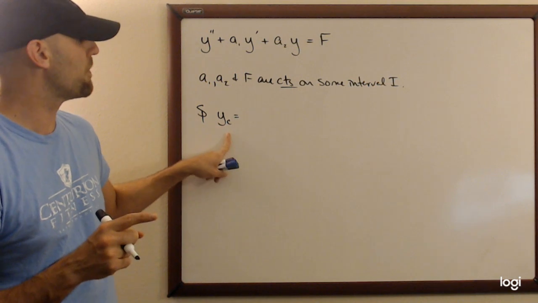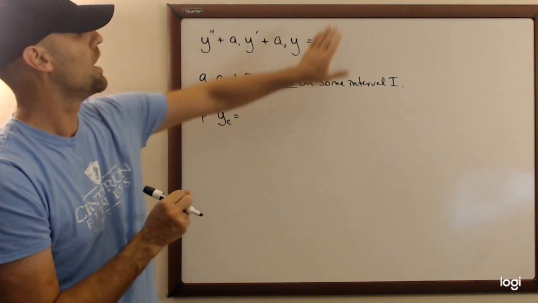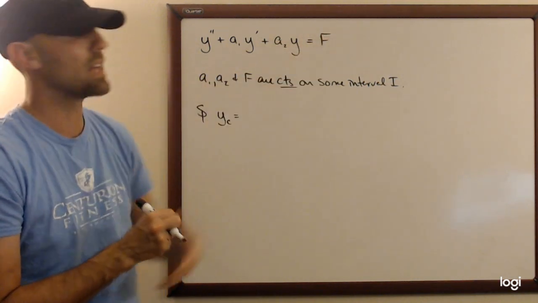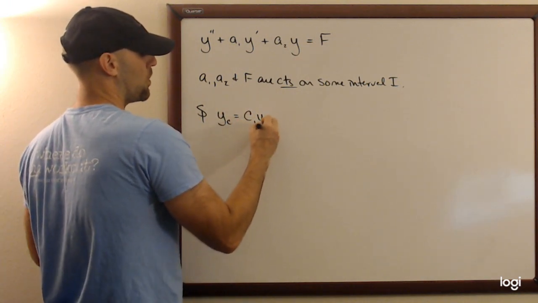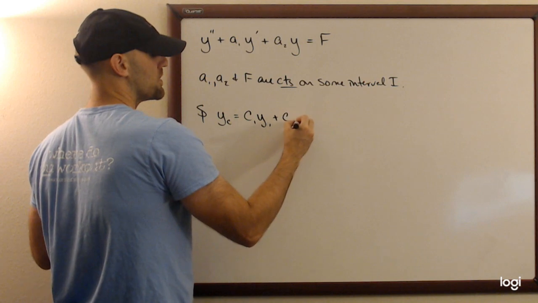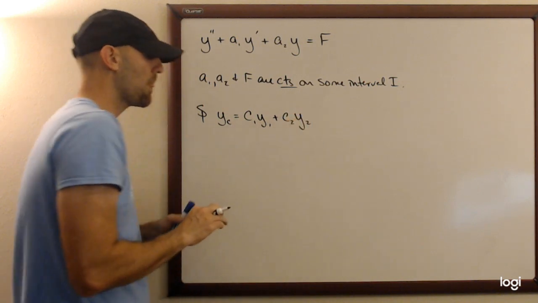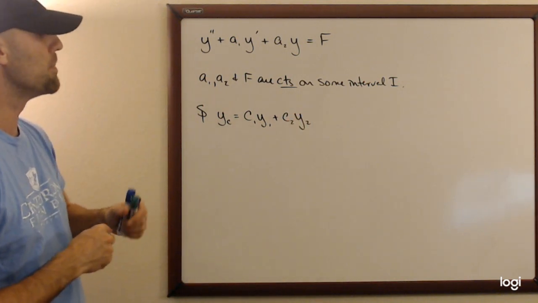The complementary function is the general solution to the homogeneous version, right, where that's 0, right? So suppose the complementary function is c1 y1 plus c2 y2. Okay, so there's my complementary function.